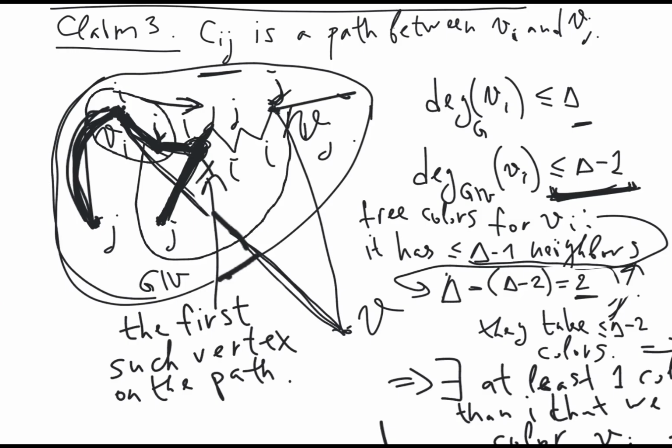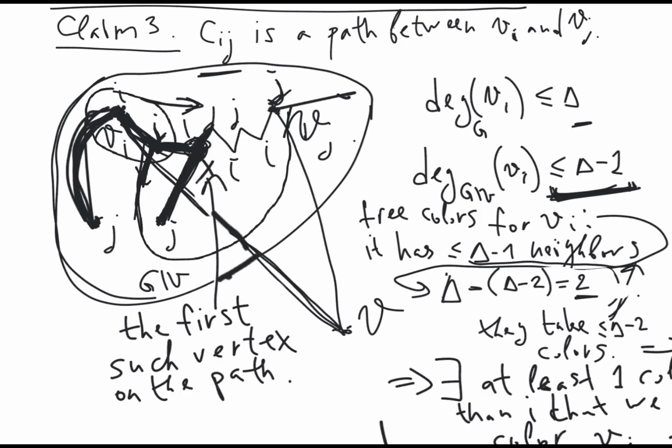But because we took the first such vertex x, there could not be such a path, because if there was, then we would take this vertex that is branching from this path first instead of x, because this vertex would be connected to another vertex of color i or j not on this path.